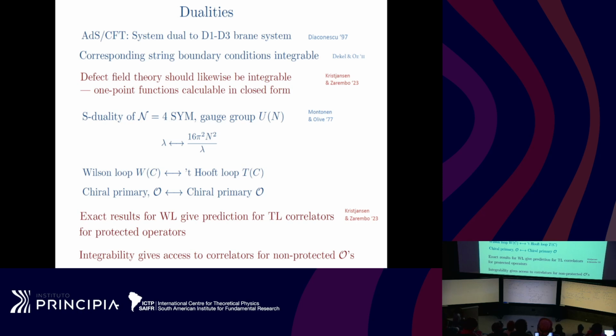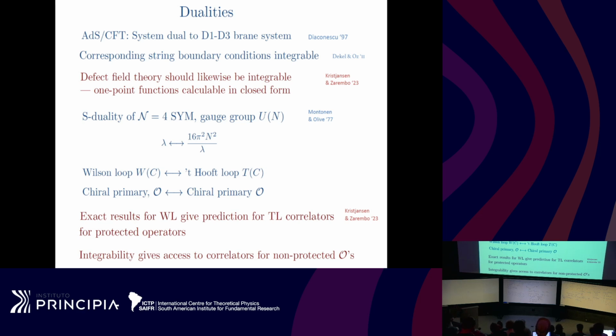So this setup involves various types of dualities, which we can use to learn about the system. First of all, there's the usual AdS/CFT duality, and that tells me that this setup is dual to a D1-D3 brane system. The D3 branes are the usual N D3 branes, which generate my Minkowski space. Then I have in that background a single D1 brane, which intersects the stack of D3 branes in a line, which is exactly my 't Hooft line.